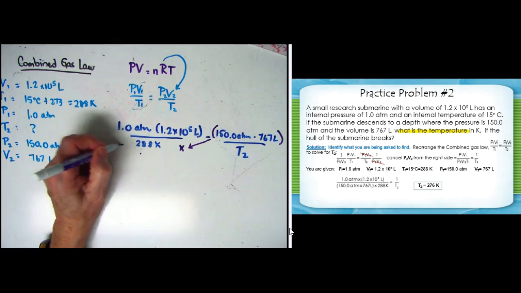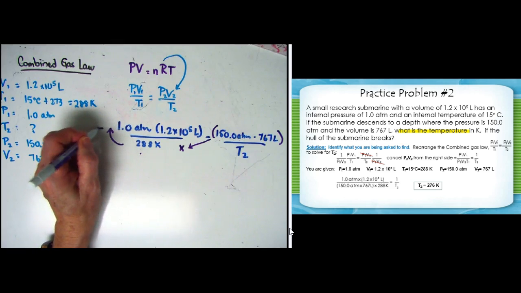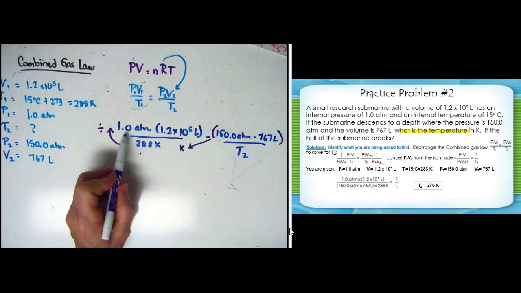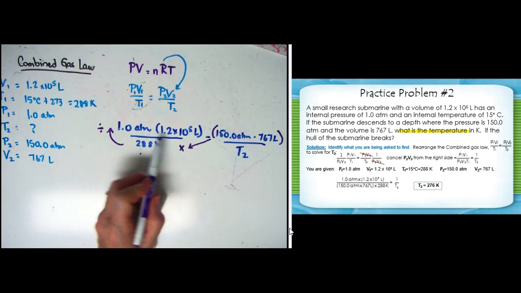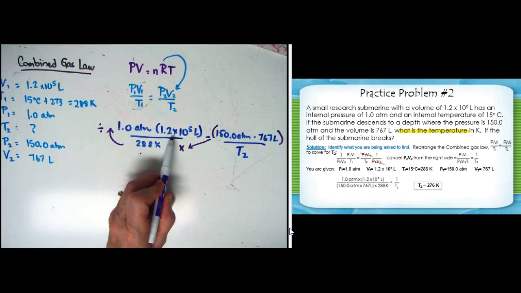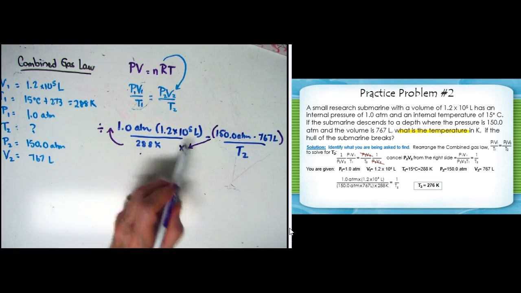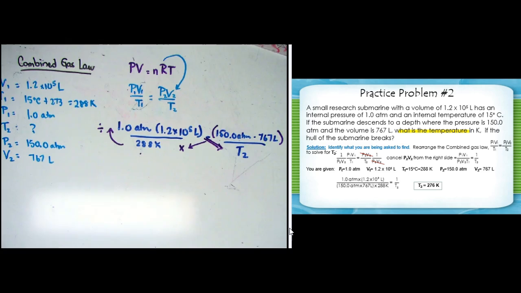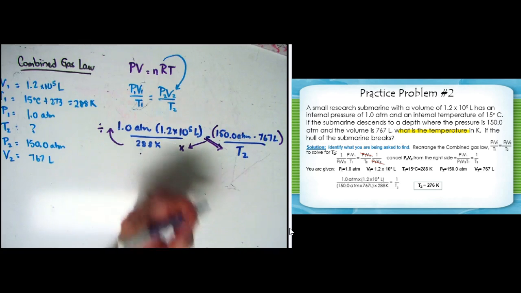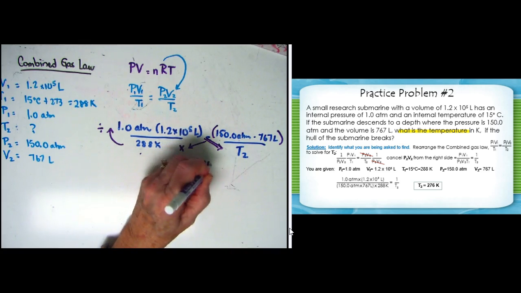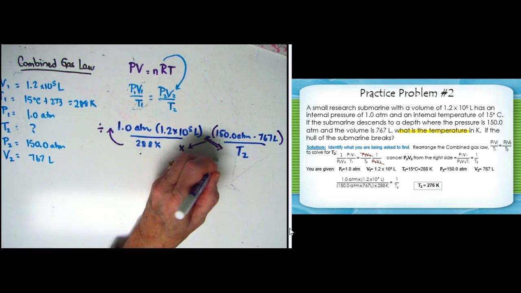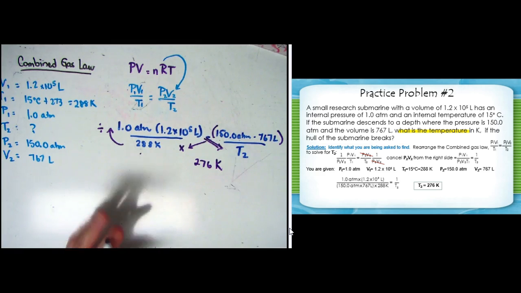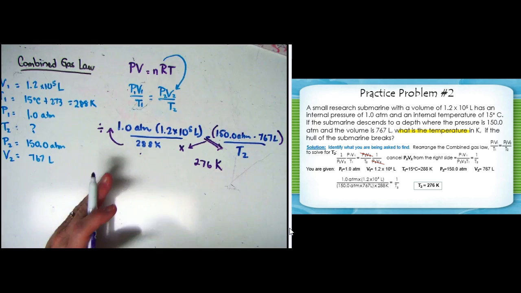I am then going to divide by 1, and divide by 1.2 times 10 to the 5th liters, and it will equal my T2, which is 276 Kelvin. I promise you this works.